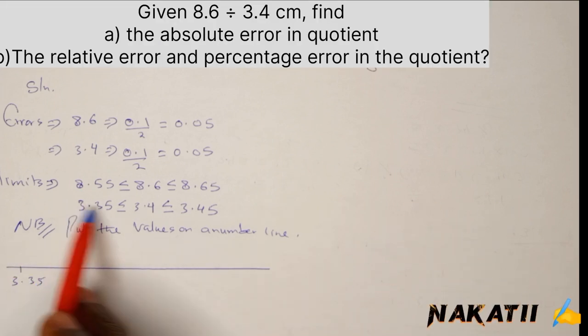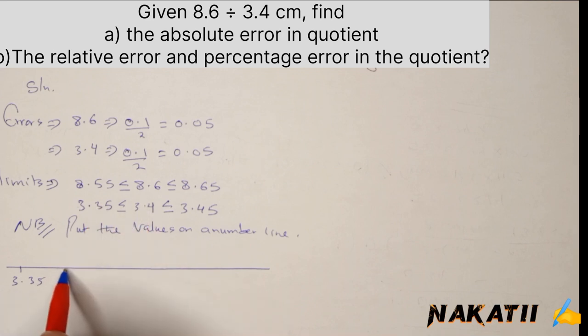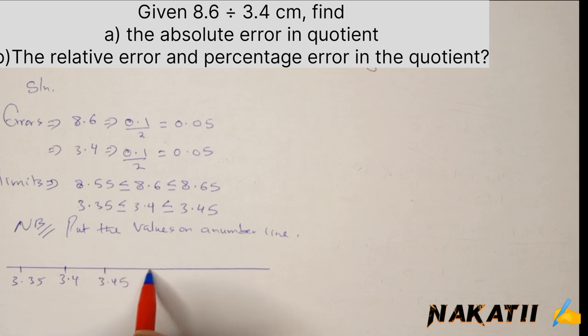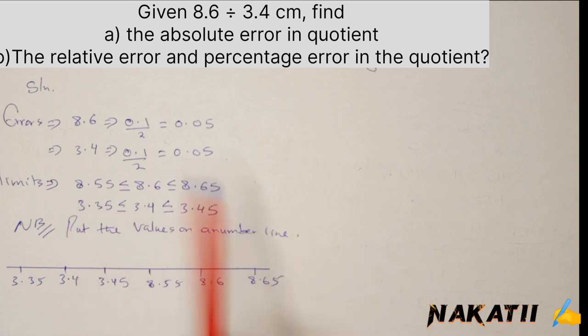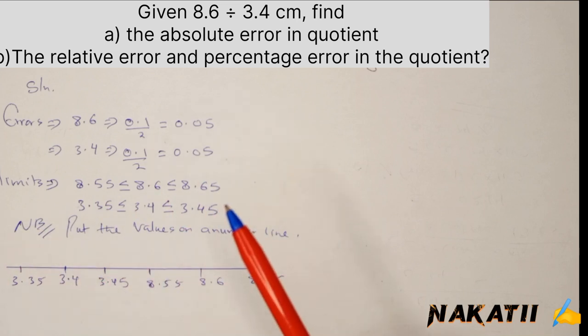Start with this one, followed by 3.4, followed by 3.45, followed by 8.55, then 8.6, then 8.65. So I've put all the values on a number line from the smallest to the highest. This will help me get the maximum quotient and the minimum quotient.